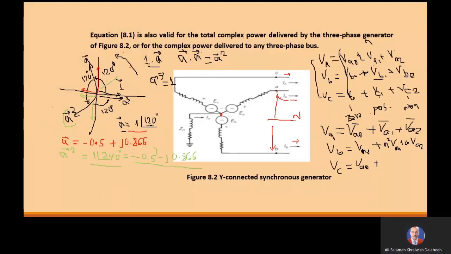As we saw in the previous lectures, VC1 is leading VA1 by 120 degrees, which means VC1 is equal to A VA1.